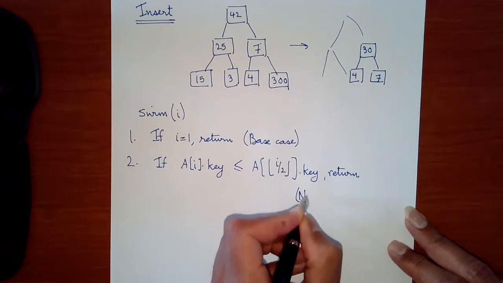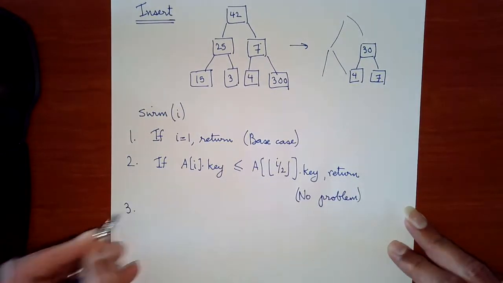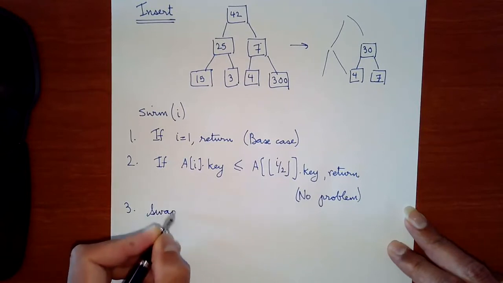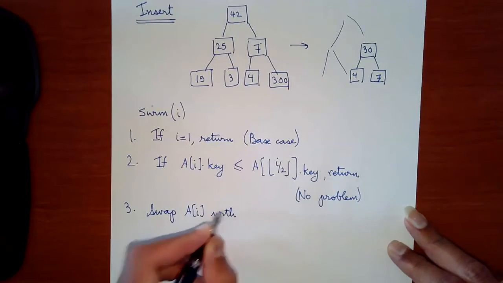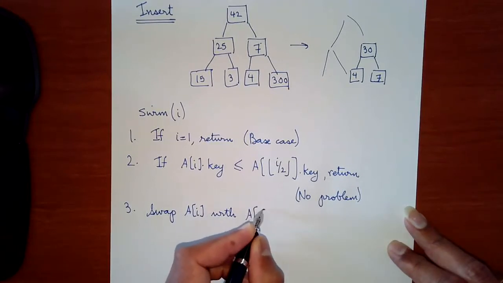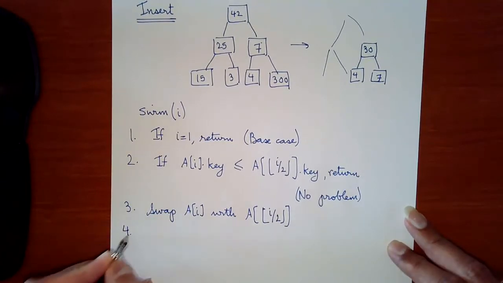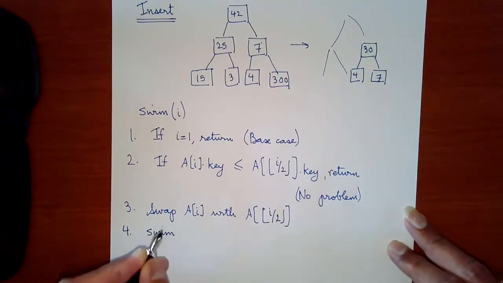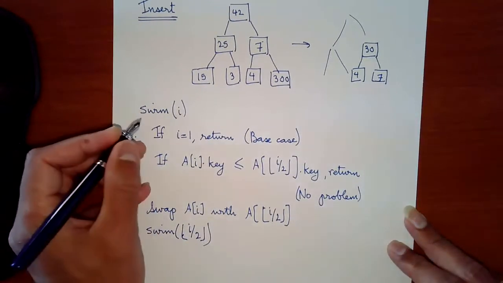So there's no problem. Otherwise, you swap A[i] with A[i/2], and then you just call swim at the parent. So what is swim assuming?